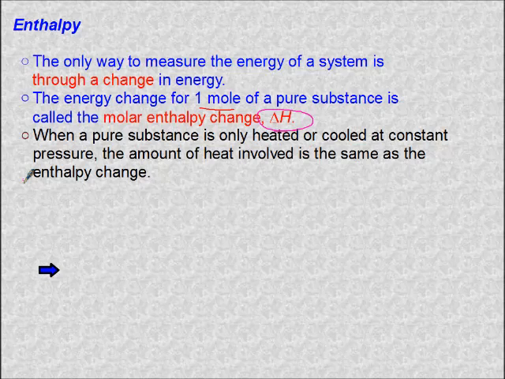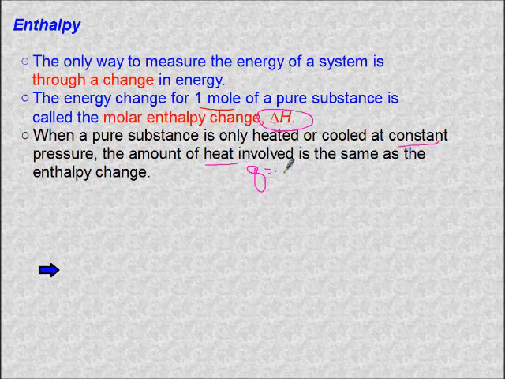So when the substance is only heated or cooled, the amount of heat is the same as enthalpy. And we've been looking at heat. Heat is Q. And we've been doing heat back in Chapter 2, and again earlier in this chapter in Section 1. And again, if it's only heated or cooled, pressure is constant.